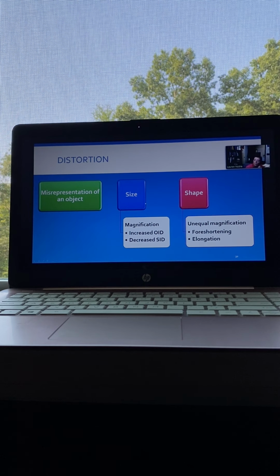We'll talk more about that. But for right now, if you were asked about distortion, know that size and shape distortion can occur. Size and shape are types of distortion that we have to be aware of. So would you be okay with that? And the size and shape distortion will impact the image sharpness. And we'll be talking more about that, but it will impact the sharpness of the image.